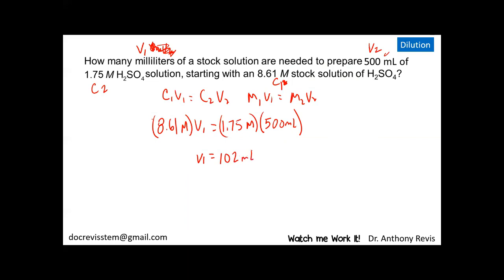And if we do this properly, if we have 500 mL and that's 1, then this should be squaring in at V1 equals 100 mL. That's how we calculate it. I should warn you, however, that when people are doing dilutions, they just like to take whatever number rolls out of the calculator. But properly written, it would be 100 mL to 1 sig fig, since over here we only have 1 sig fig.